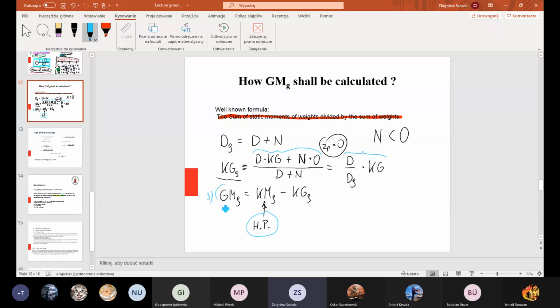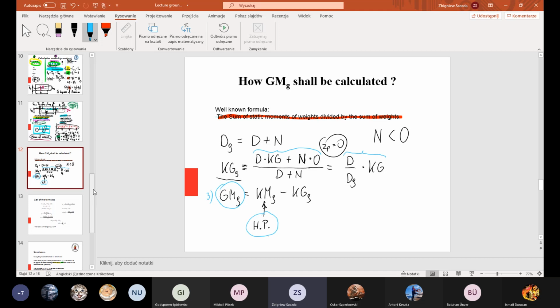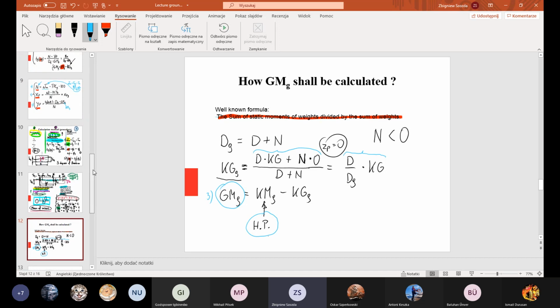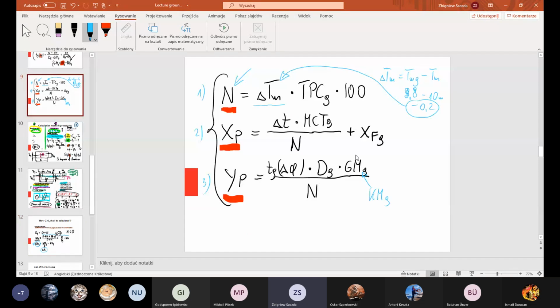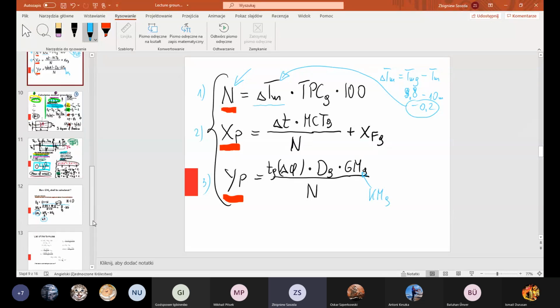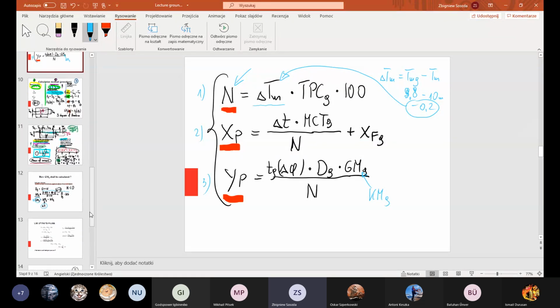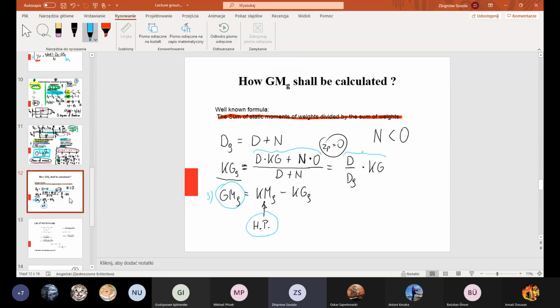So if you have GMG calculated, initial metacentric height after grounding, you can come back to the formula that has been used for calculation of YP. This is the reason why we discussed initial metacentric height after grounding, just to stress that the center of gravity after grounding moves, and God's power, please finish my sentence.